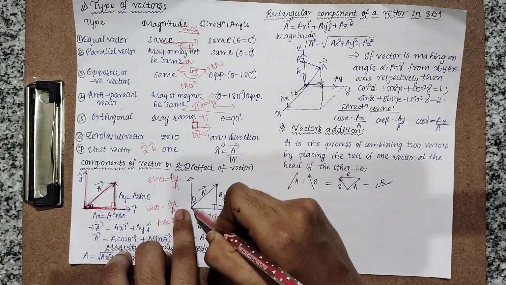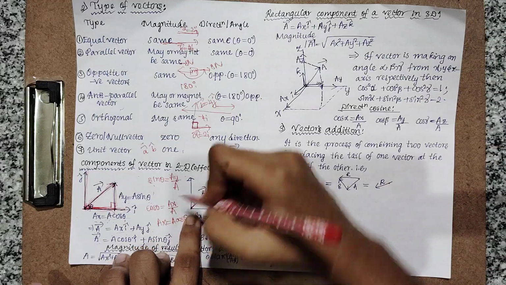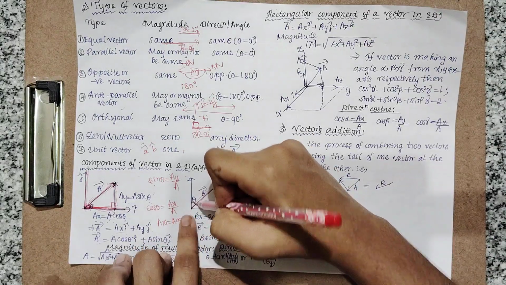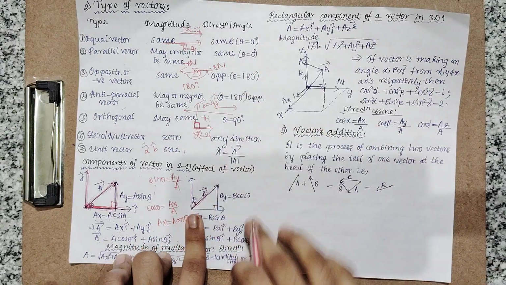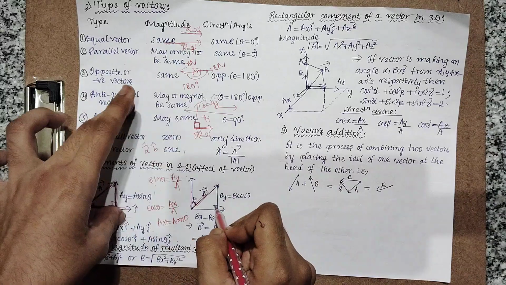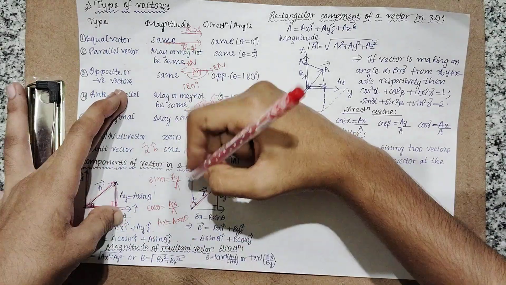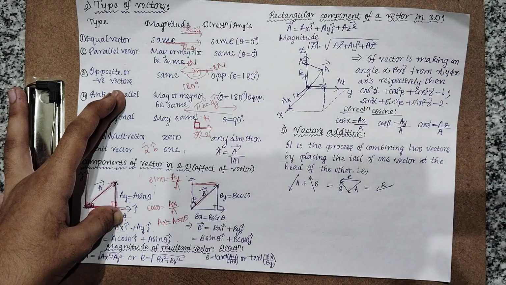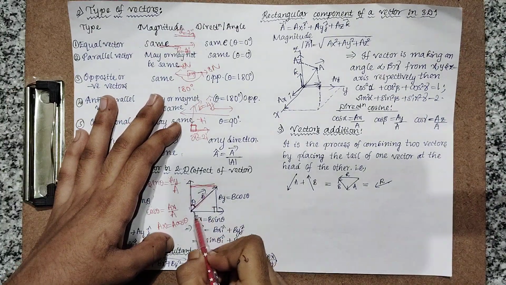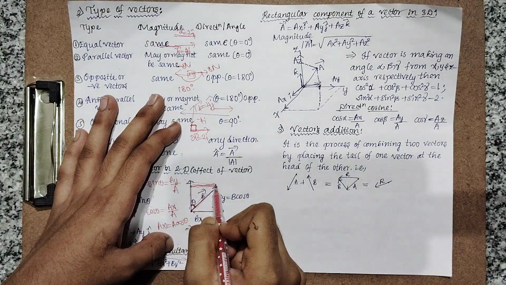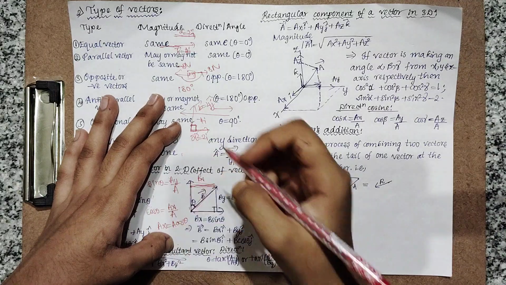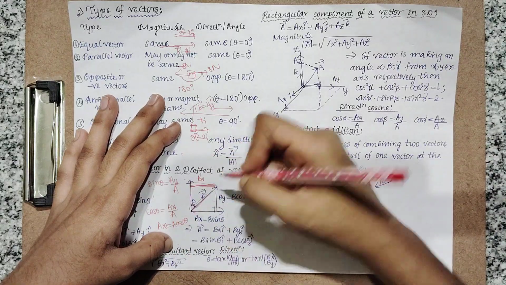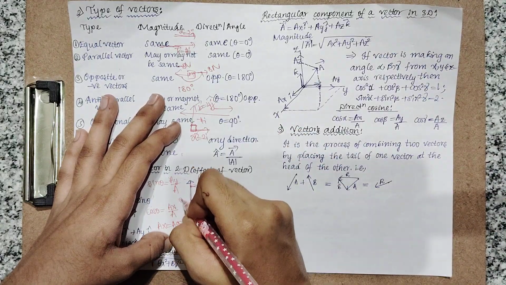Here let us say this is a vector b bar, and it is at an angle theta with respect to the y axis. Similarly, it is also a right angle triangle. If this is your bx, this is also bx, and if this is your by, this is also by.